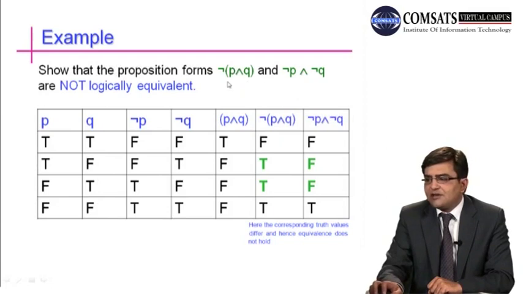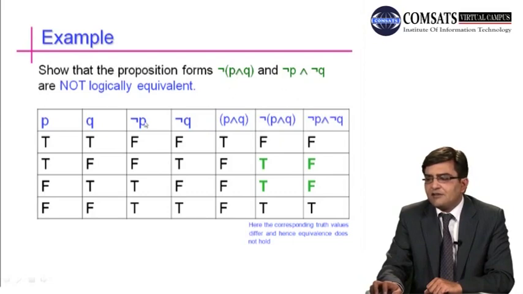Now to construct not P and Q and not P and not Q, we need not P, not Q, and P and Q. So step by step we will construct the truth table for these two compound propositions.